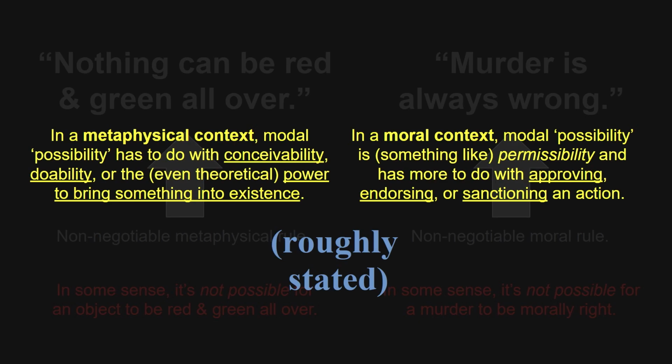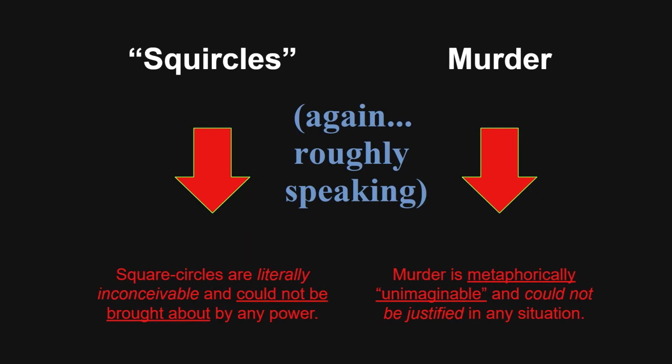We should understand that modal talk sometimes expresses strict possibilities or, so to speak, total impossibilities. For example, necessarily, nothing can be both a square and a circle at the same time. Squircles are totally impossible. Evidently, we can't even clearly imagine one, let alone draw one or make one. But moral rules, such as "murder is always wrong," have to be thought of differently.